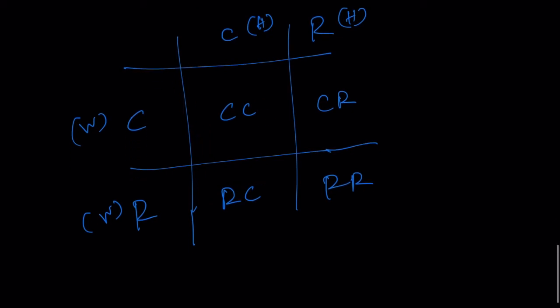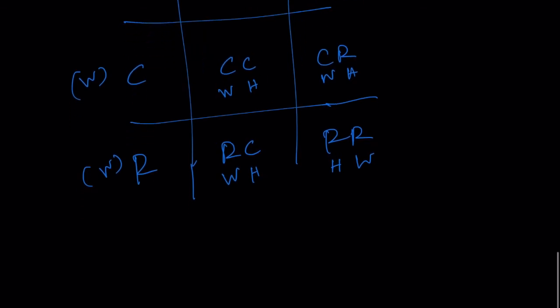Which means width is compact and height is compact; width is compact and height is regular; width is regular and height is compact; and this one is both width and height are regular, right? So these are all the use cases.